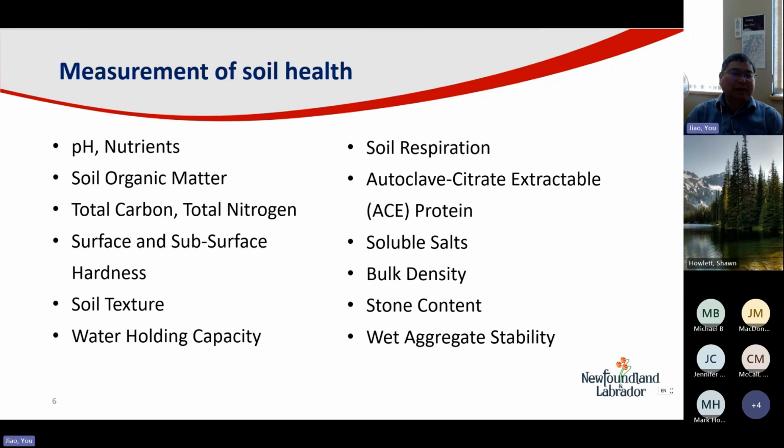The measurements include pH, nutrients, soil organic matter, total carbon, total nitrogen, surface and subsurface hardness, soil texture, and water holding capacity. These mainly deal with soil physics, if we can classify them.